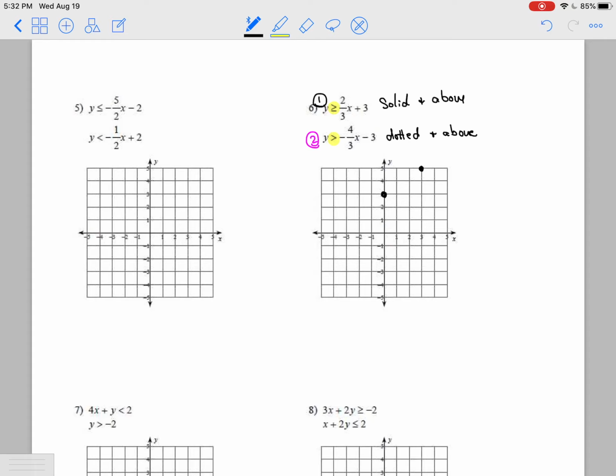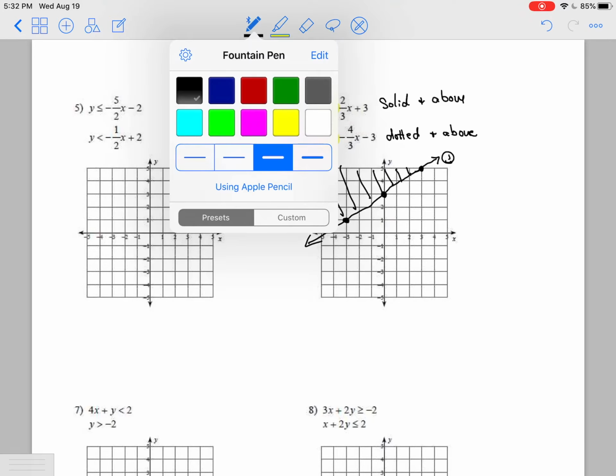A negative 2 divided by a negative 3 is still a positive because we've got 2 negatives. So I could go down 2 on my rise, and negative on my run, and plot that point, and you can see that it's all in line with each other, so we're good to go there. And I'm going to be shading above. Okay, there's not a whole lot of room here, but we got some room.